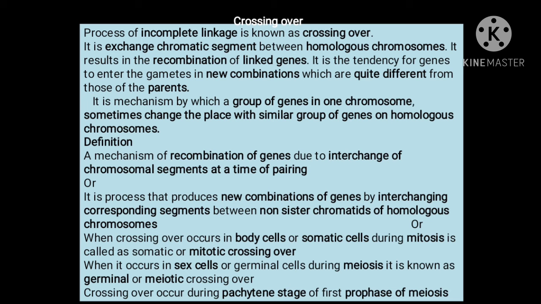When crossing over occurs in body cells or somatic cells during mitosis, it is called somatic or mitotic crossing over. When it occurs in sex cells or germinal cells during meiosis, it is known as germinal or meiotic crossing over. Crossing over occurs during the pachytene stage of first prophase of meiosis.